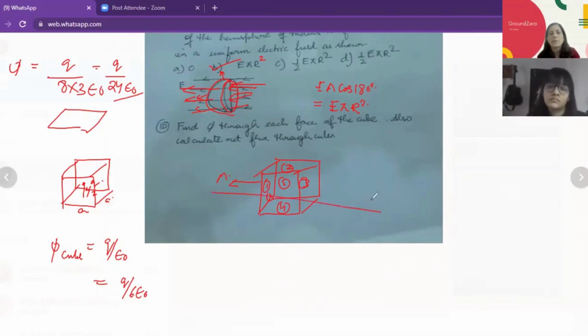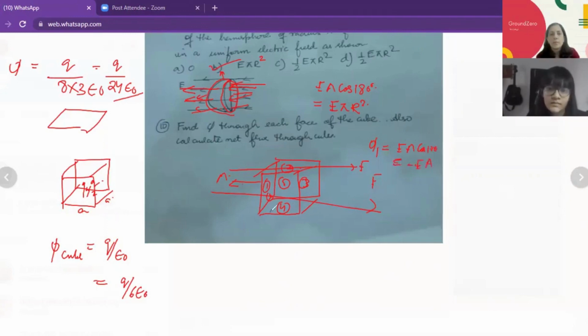So let us assume E is this way. Then what is the direction of E and A? Reverse. So what will be the flux for the first face? EA cos 180 degrees, right? So minus EA.